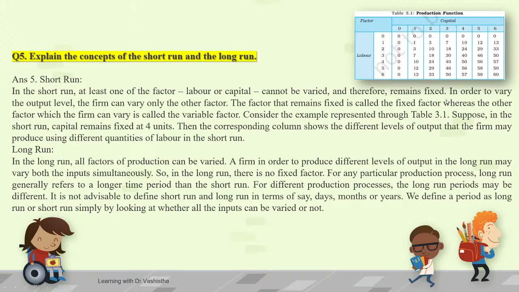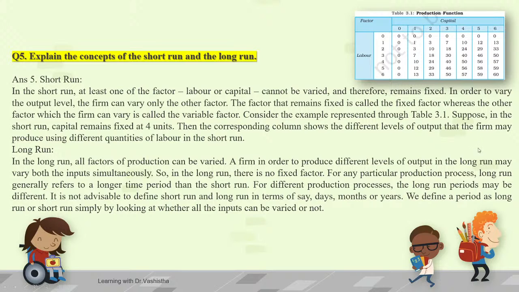So in order to vary the output level, the firm can vary only the other factors. The factor that remains fixed is called the fixed factor, whereas the other factor which the firm can vary is called the variable factor. For example, we are taking this table of production function here again.